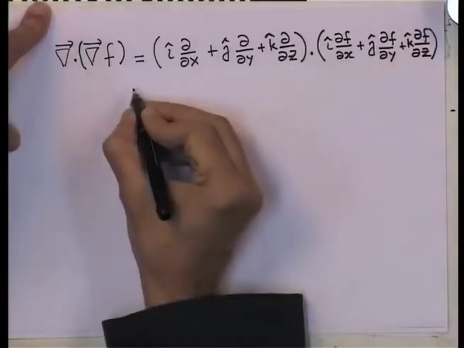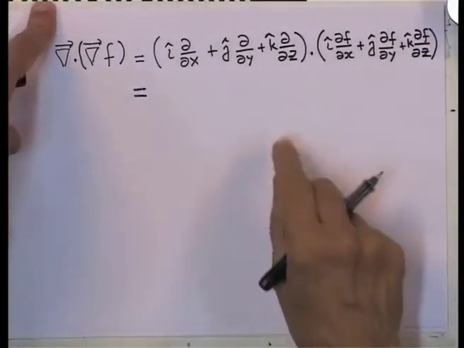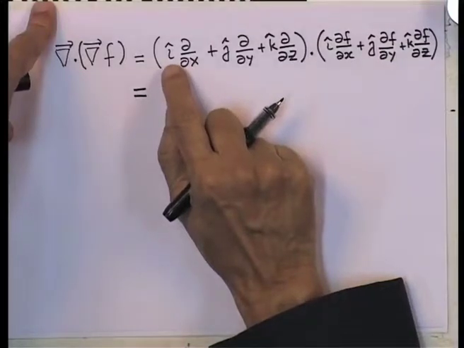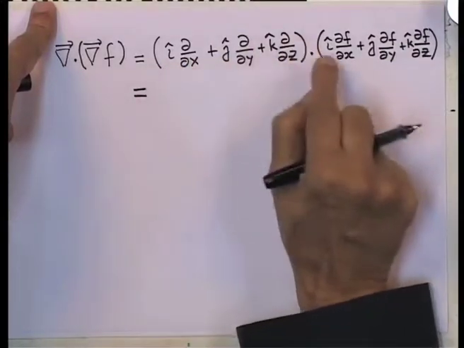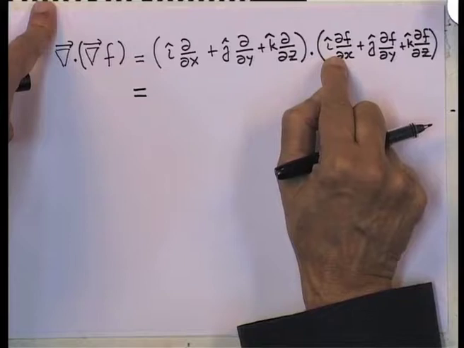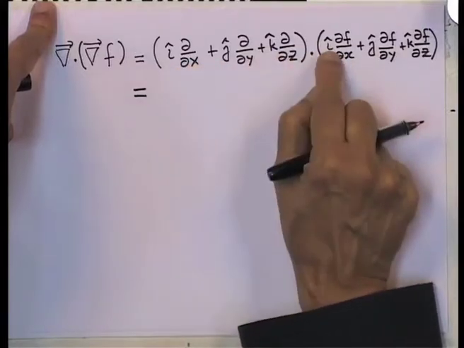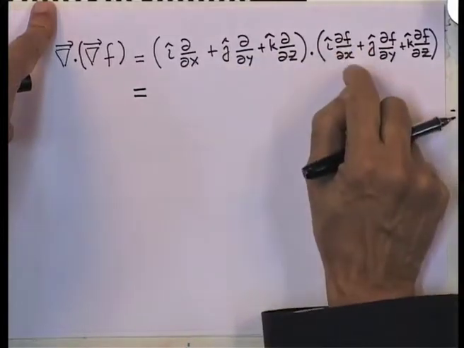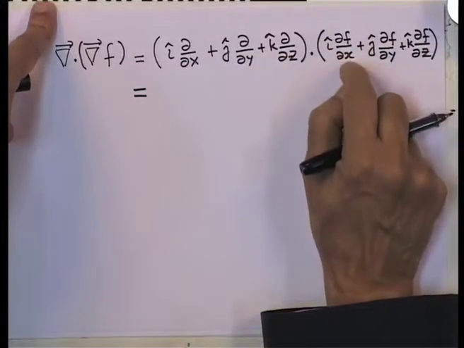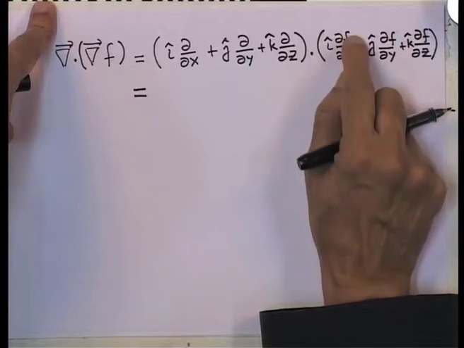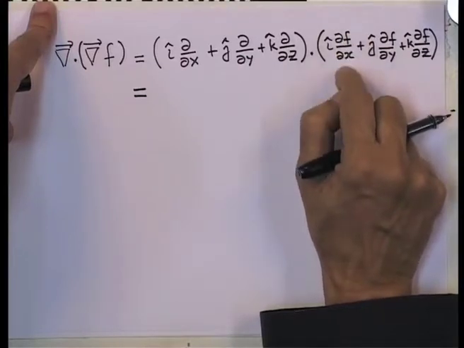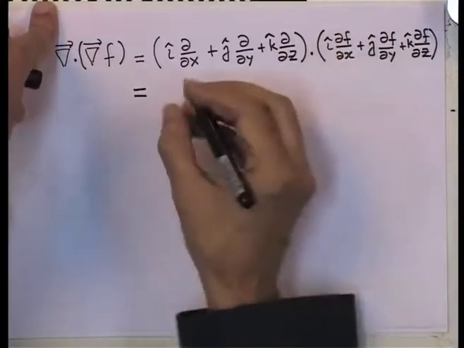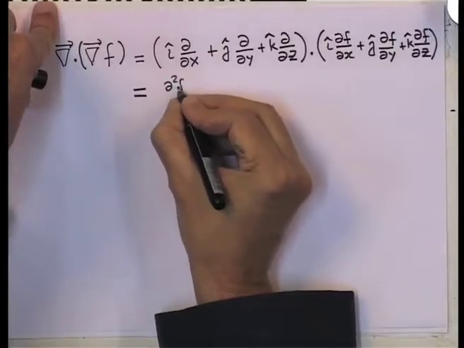Now, the way to look at this is that the vectors on this side are to be dotted with the vectors on that side. So, I get i dot i, which is equal to 1, and d by dx of df by dx, which is nothing but second partial differentiation of f with respect to x. So, I get d square f by dx square.